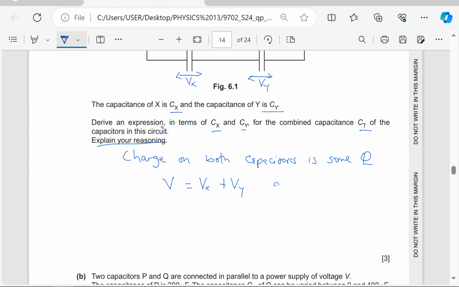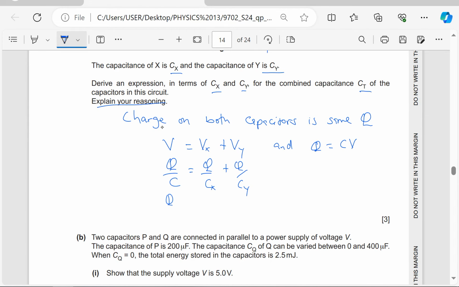So also remember that capacitance C is equal to Q over V, or Q is equal to C times V, which means V is going to be Q over C. So this will be Q over C equals Q over Cx plus Q over Cy.